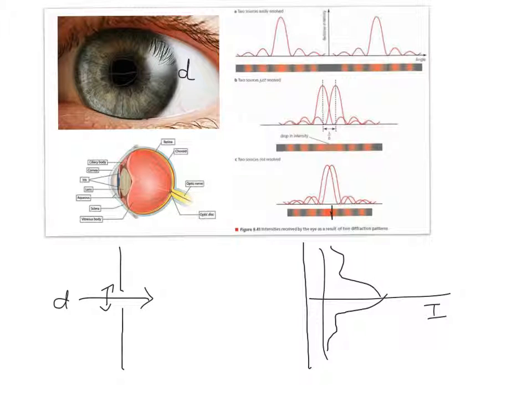So therefore we're using the same idea. Now, what has this got to do with separating out two images that are very close together? There is a critical point at which you cannot separate two objects because the light from one of those diffraction patterns is overlapping the other diffraction pattern.